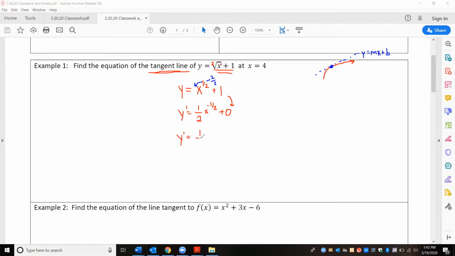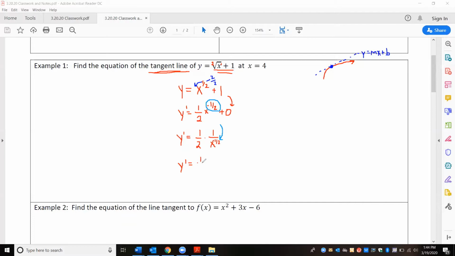What that means is we're going to leave our 1/2 out front. We're going to make sure that we put 1 over x with a 1/2 as our exponent. And you're thinking, maybe why did I do that? Remember that since it's a negative, it needs to go on the bottom. Now there's going to be a little bit more cleaning up because we can see that we still have a 1/2 as our fraction.